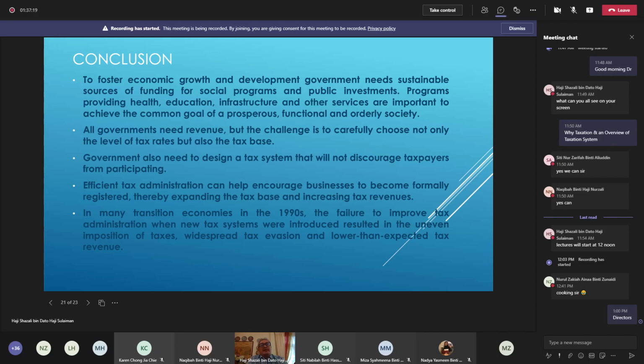Efficient tax administration can help encourage businesses to become formally registered, thereby expanding the tax base and increasing tax revenues. Now in Brunei, I think there are more than 8,000 companies registered as Berhad. And if you look at the ROCB, it's more than 10,000, maybe 12,000. From what I understand, less than 5,000 are registered under the STAR system, which means we have more than 5,000 companies still not registered.